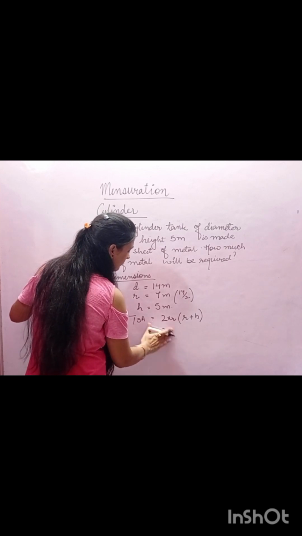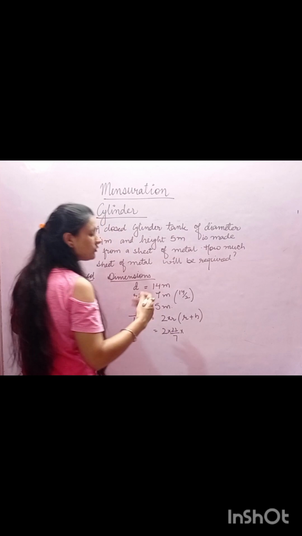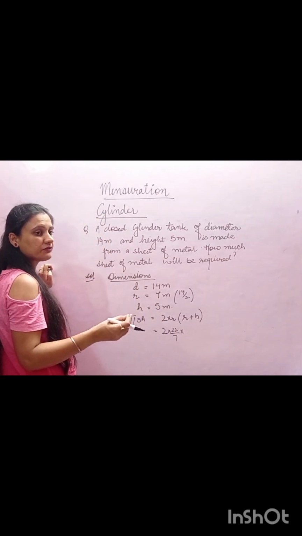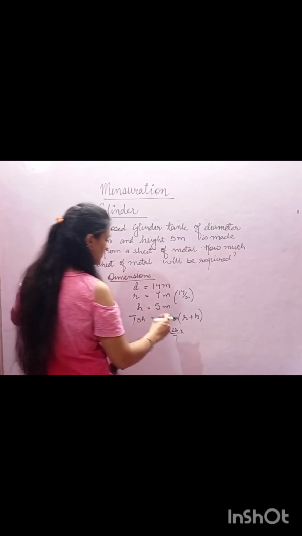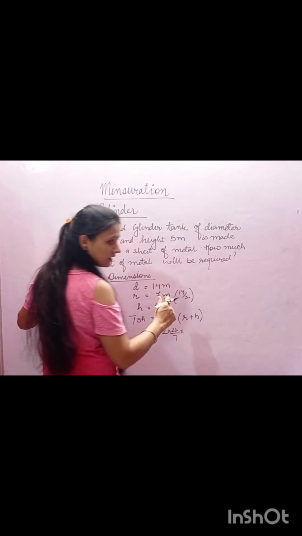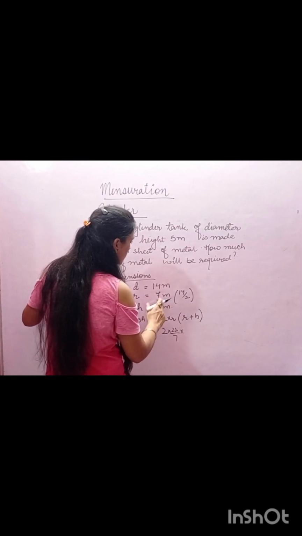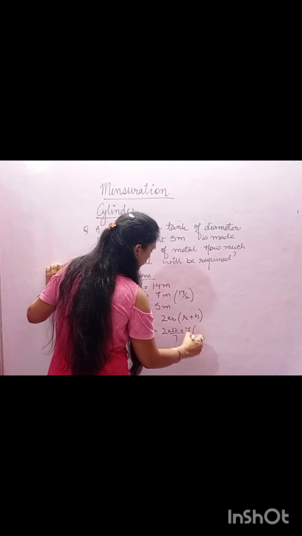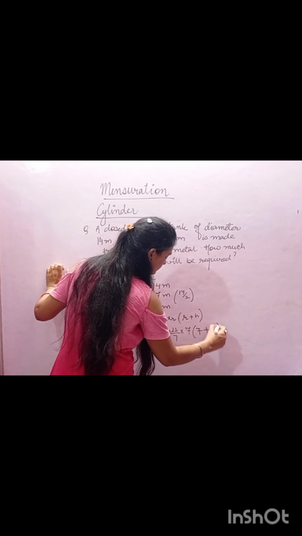2 pi, value of pi is 22 by 7. In some questions they'll give you the value of pi as 3.14, and in some questions they'll give you the value 22 by 7. So make sure you see the question carefully and then just put that value only. So here the radius is 7, and here 7 plus what is the height given? 5.